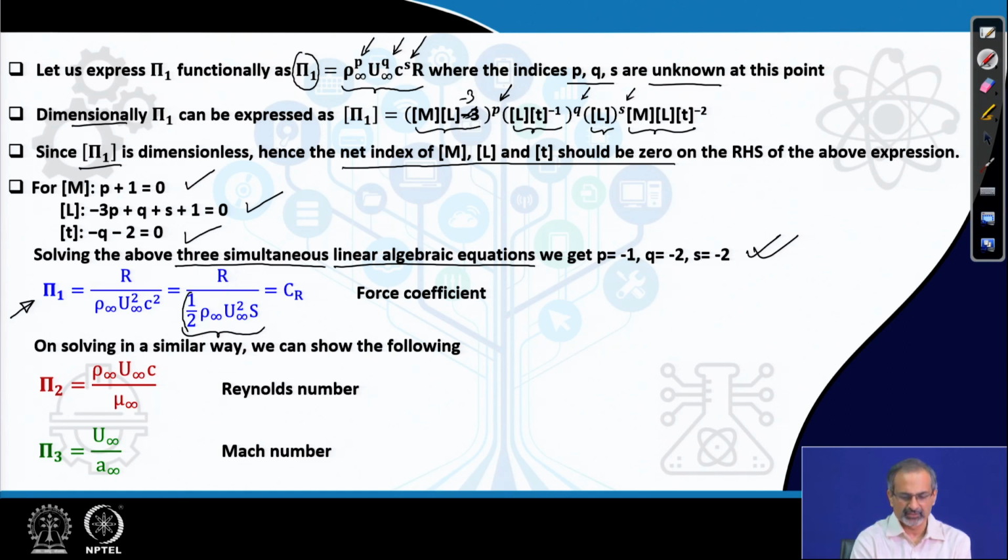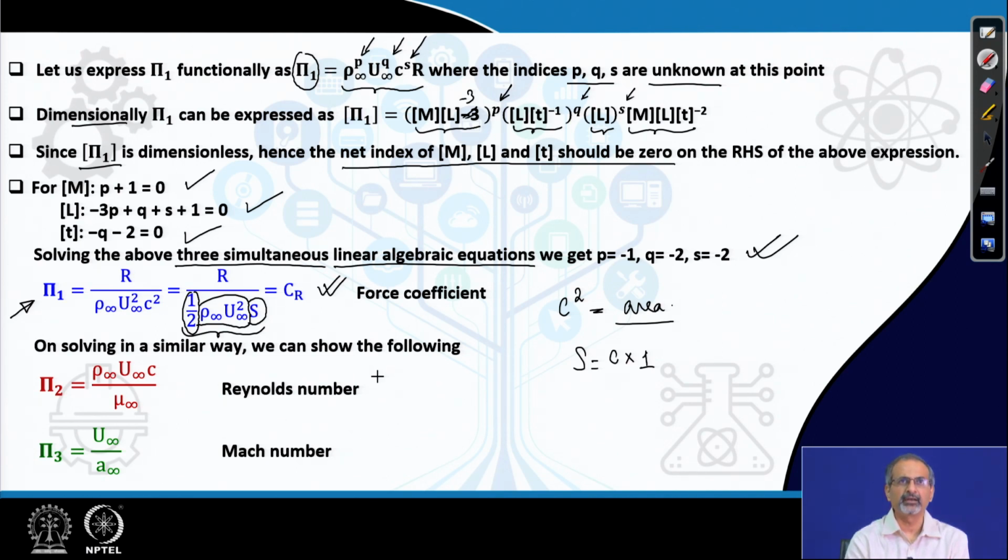Only thing is you have associated a half here, so that you can identify it as a free stream dynamic pressure, and instead of c square, c being a length scale, c square will represent some area. So, you are assigning a certain reference area, which may be the chord of the airfoil into unit span. That may define your area. So, this basically gives you a non-dimensional force coefficient.